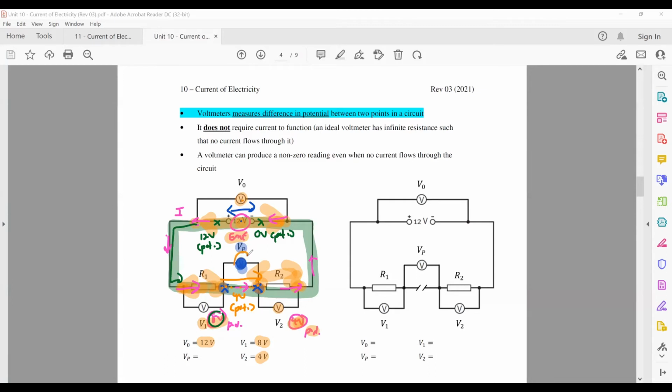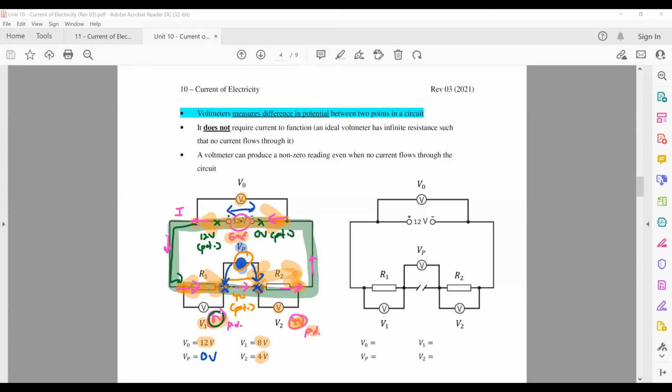So if you have a voltmeter placed here and here, the difference in these two potentials is actually the same. 4 volts and 4 volts, there's no difference between them, so it's just going to be 0 volts.